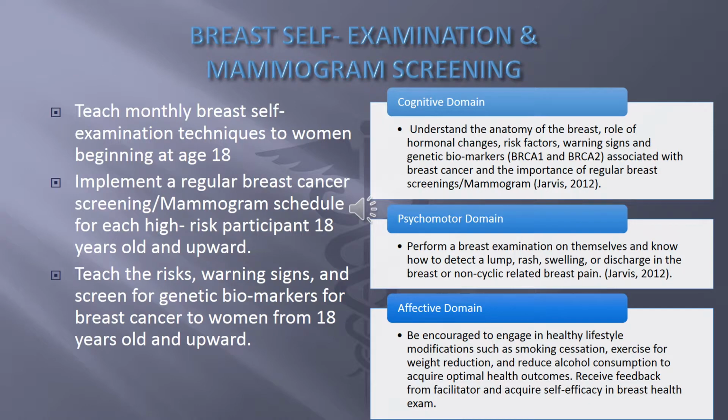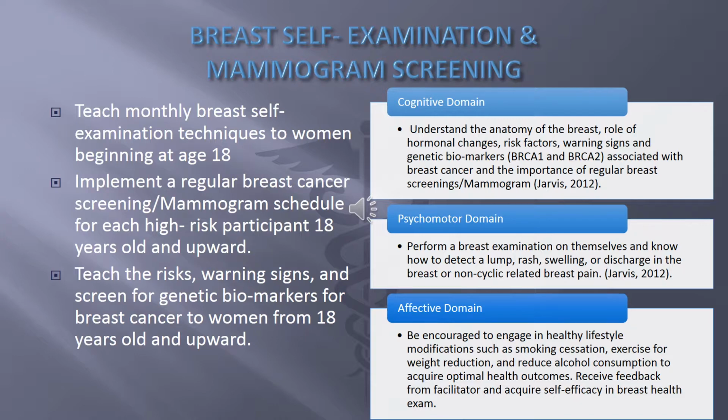The next step in developing the experimental learning is to look at what the three objectives will be, and if they fulfill the cognitive domain, the psychomotor domain, and the affective domain. In the first one, we will teach monthly breast self-examination techniques to women beginning at age 18 and up.